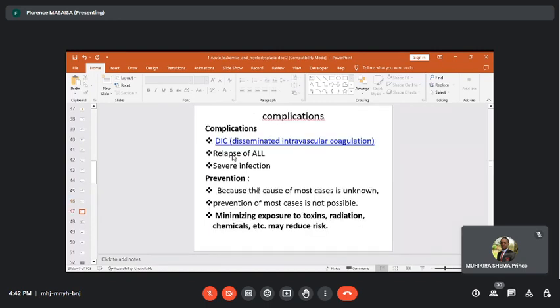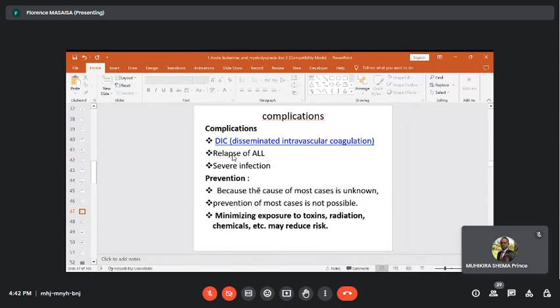What are the complications of leukemia? Most of the complications are either disseminated intravascular coagulation. The leukemic cells have high potential of producing cytokines.